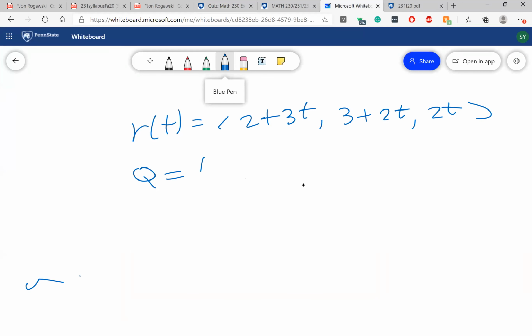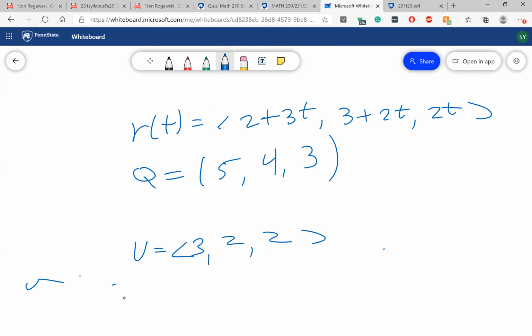So now the vector v is equal to 3, 2, 2, and R naught is equal to 2, 3, 0.